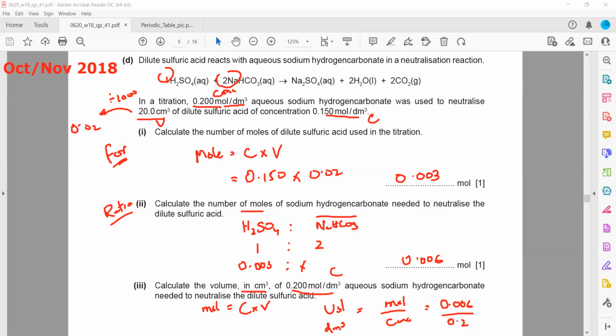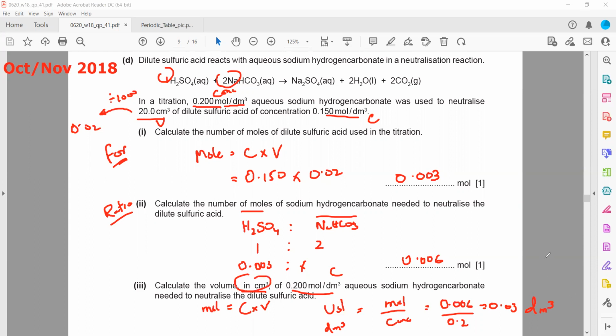So when we divide them, 0.006 divided by 0.2, which is 0.03. So 0.03 is in decimeter cube. But in the question, they specify that we want this in cm cube.